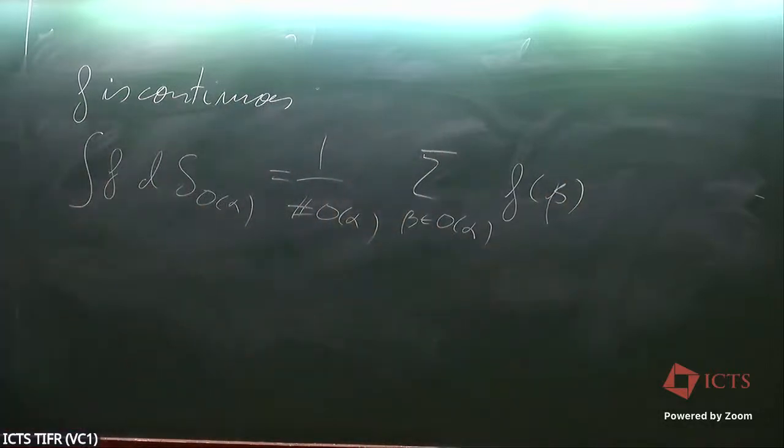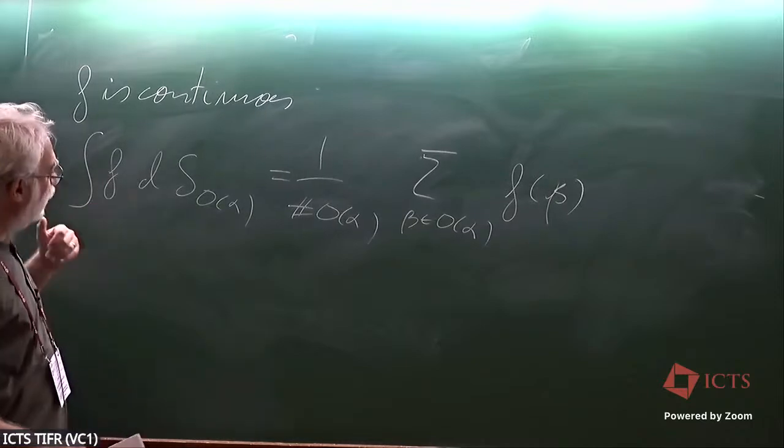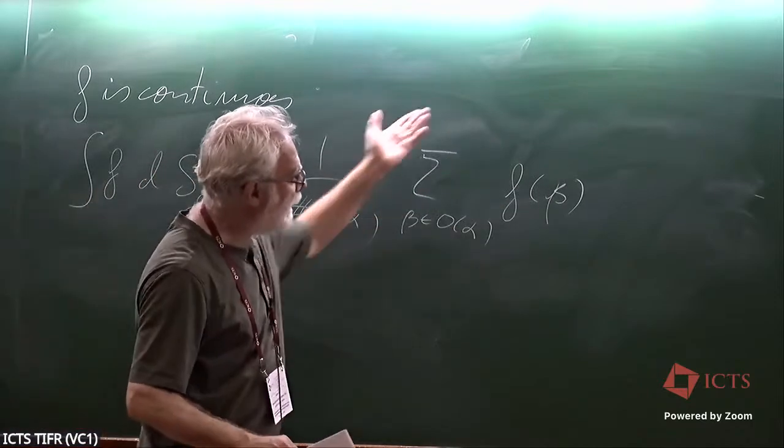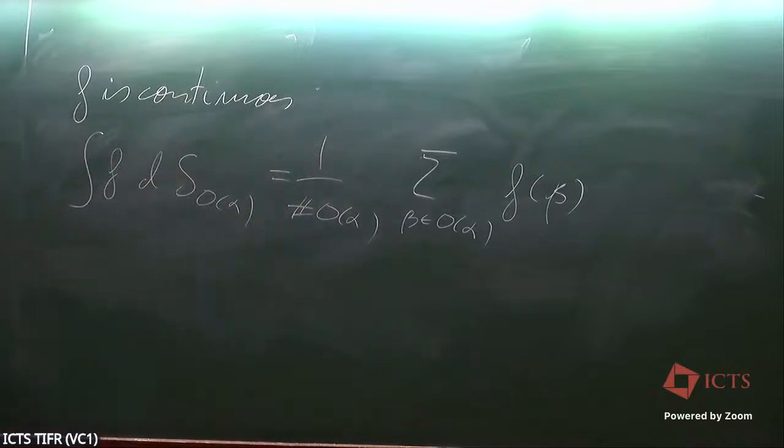Is it clear? So this is how I can transfer a finite set to a measure, by the counting measure that, when I evaluate on a function, is just taking the average of the value of the function on the elements in the set. Okay? And this is a probability measure.